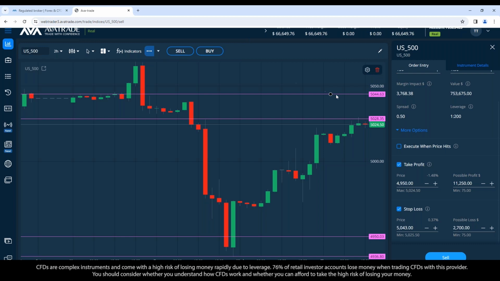We've got our stop loss up above two resistance levels. This resistance here, which was the support, and then up above this resistance here is our stop loss. So we're up above two resistance levels with our stop loss, and we're still only risking 2,700 compared to 11,250 potential profit. And we're taking profit without having to break any support levels.